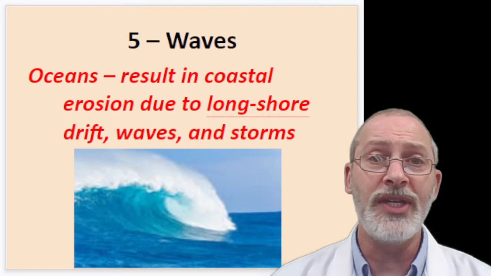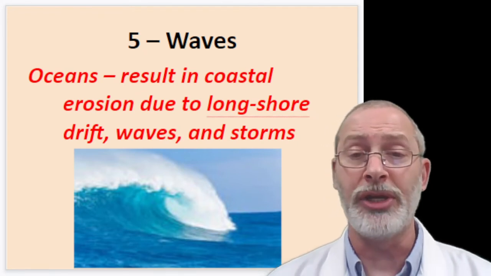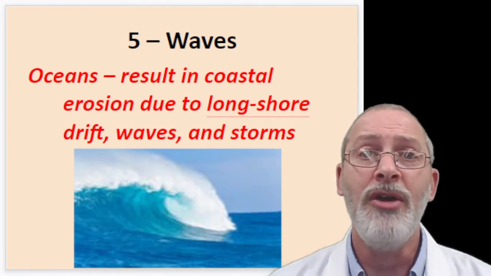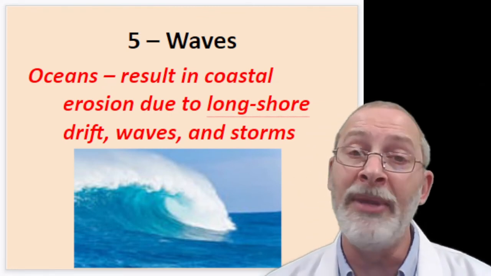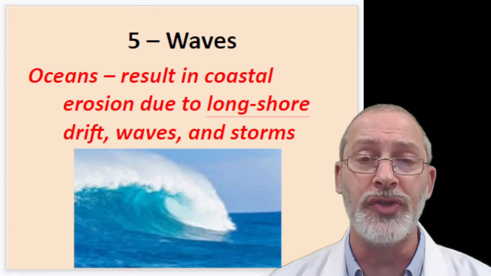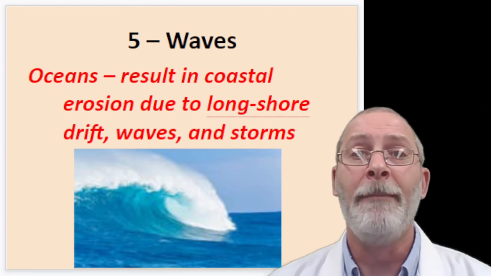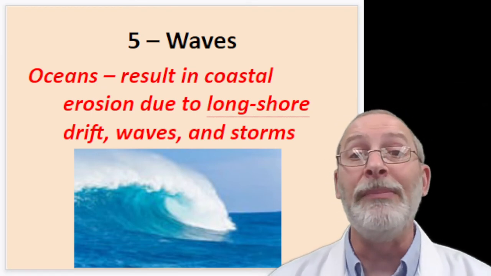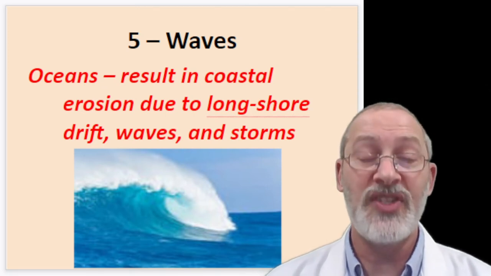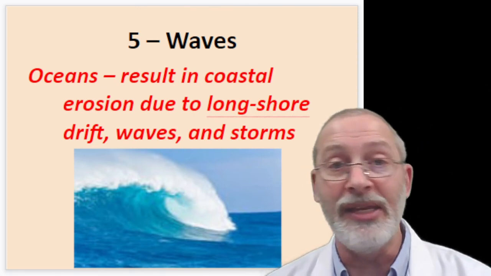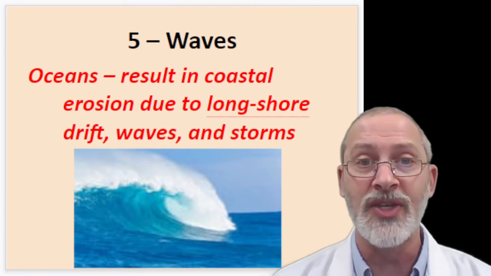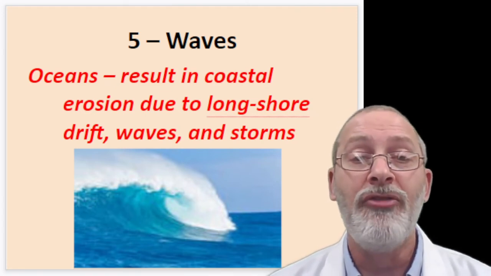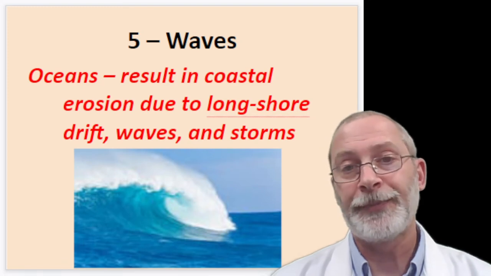Here in New Jersey, we experienced major erosion a number of years ago from Superstorm Sandy, which basically eliminated a number of the beaches on the Jersey Shore that we have spent millions of dollars depositing sand and building jetties, features extending out into the ocean to minimize further erosion from the waves.